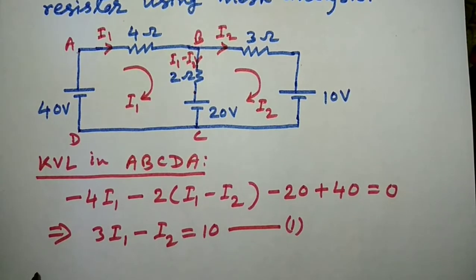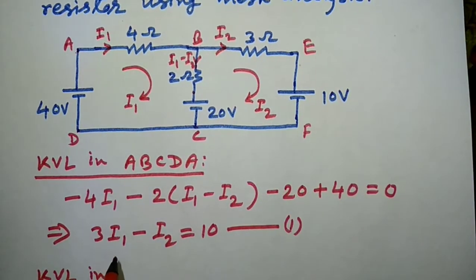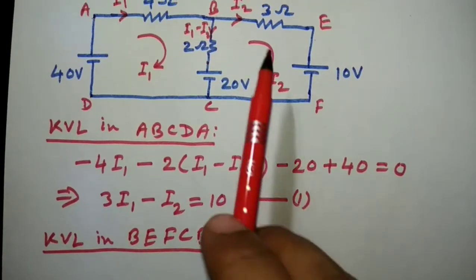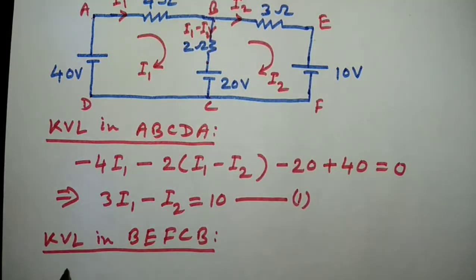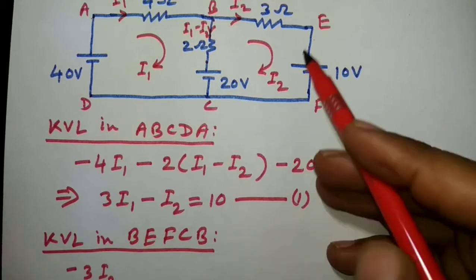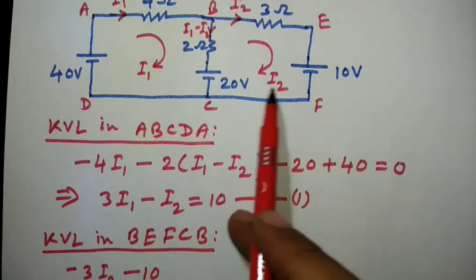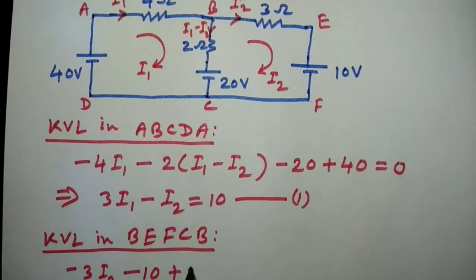Next, apply KVL in the second mesh, B, E, F, C, B. Starting from node B, it will be minus 3I2. Then from E to F, it will be minus 10. From F to C, and then from C to B, first it will be plus 20.